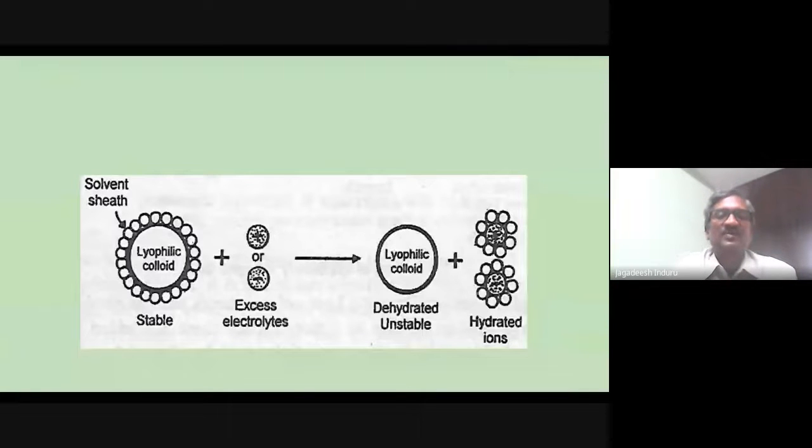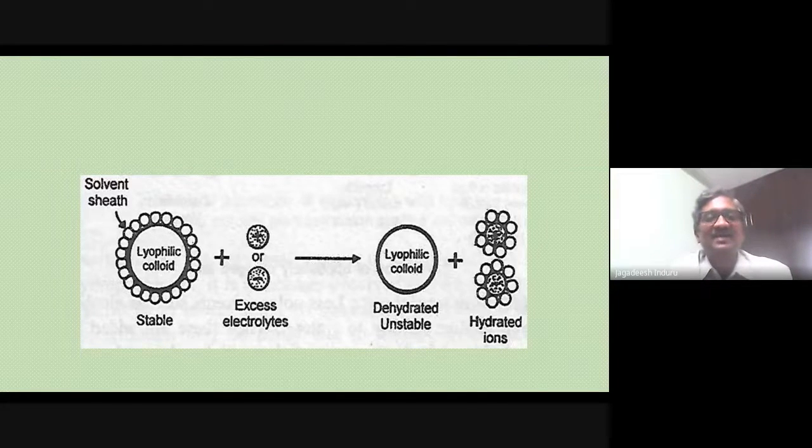In the case of electro-lyophobic colloids, the precipitating power of an electrolyte is based on the valency and surface charge. Because of that, a trivalent ion has more precipitating power than a divalent, and a divalent has more precipitating power than a monovalent anion or cation. In the case of lyophilic colloids, whether it is an anion or cation makes no difference, but it has a dehydration effect.